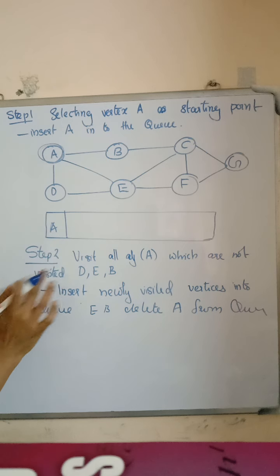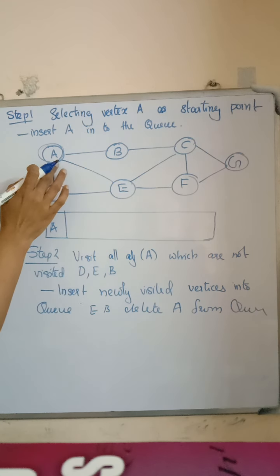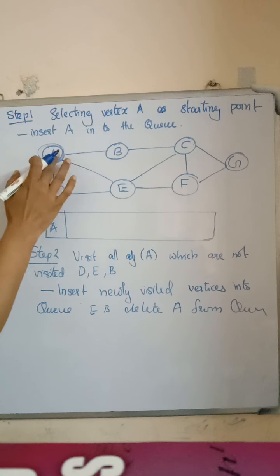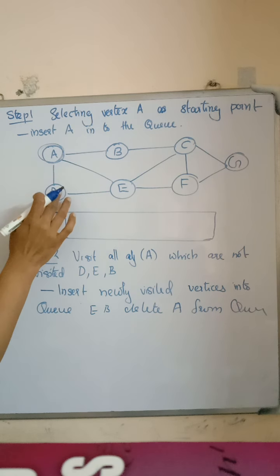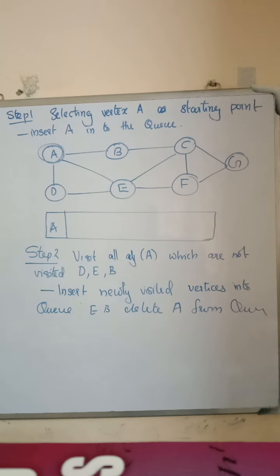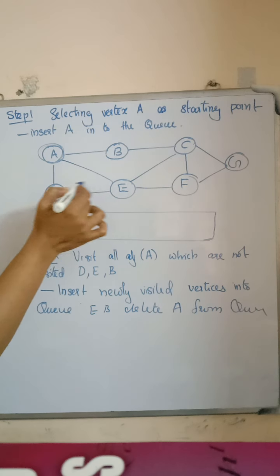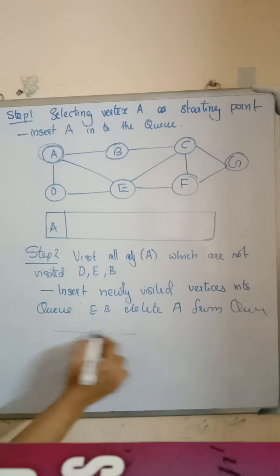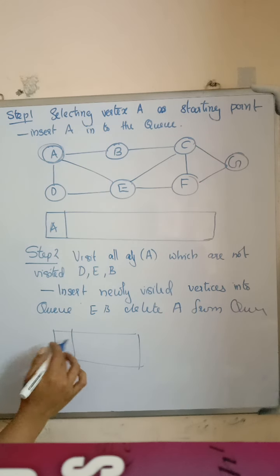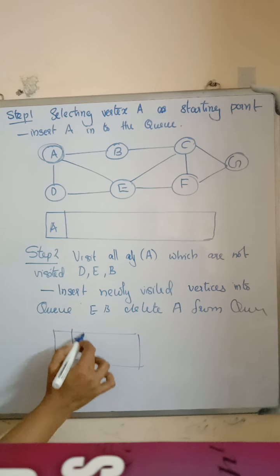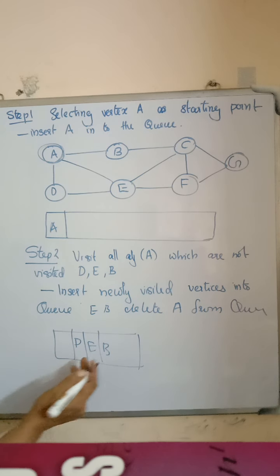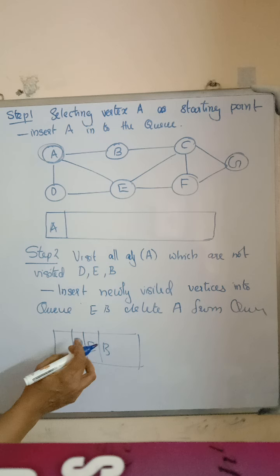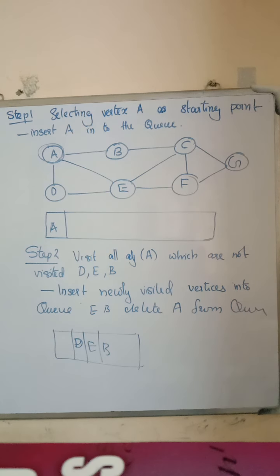Then in step 2, visit all the adjacent vertices of A. Here the adjacent vertices of A are D, E and B. So we insert all the adjacent vertices into the queue and delete A from the queue. So the queue becomes D, E, B. They can be added in any order: it's D, E, B or it may be E, D, B.